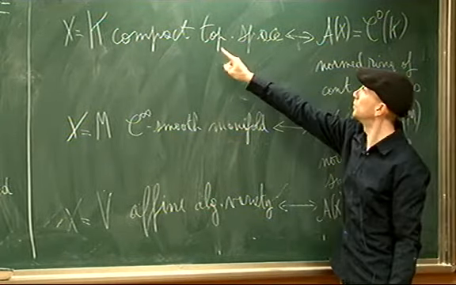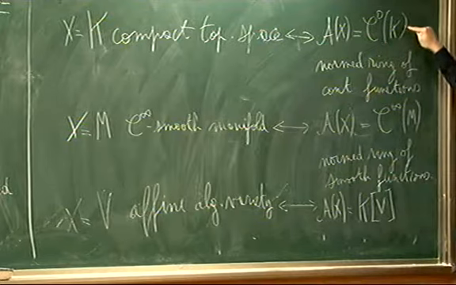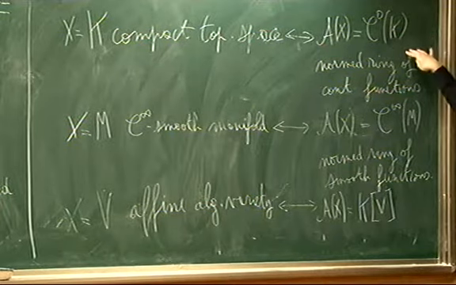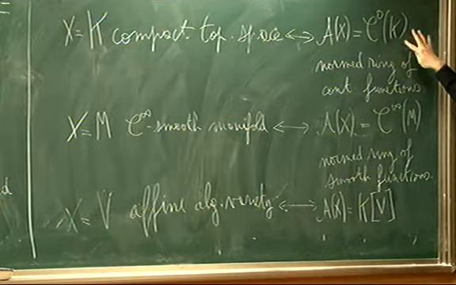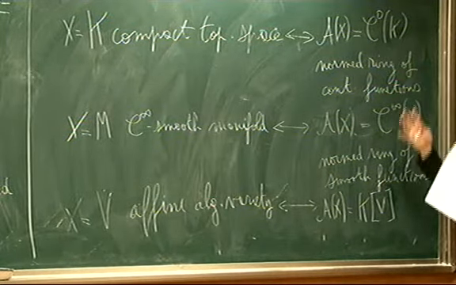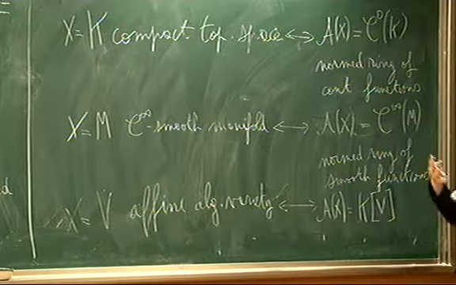I take a compact topological space. The object I associate to it is the ring of global functions. The only thing I'm looking at here is that I have a normed ring with some algebraic structure.